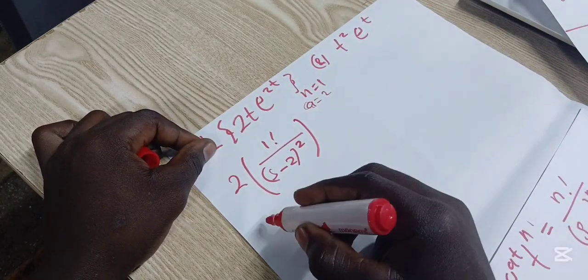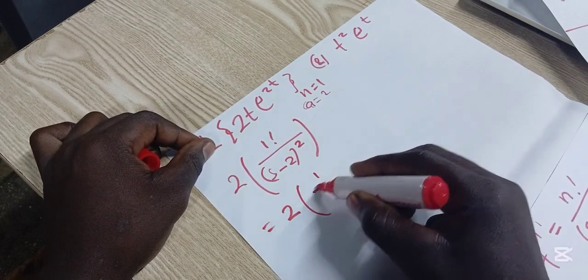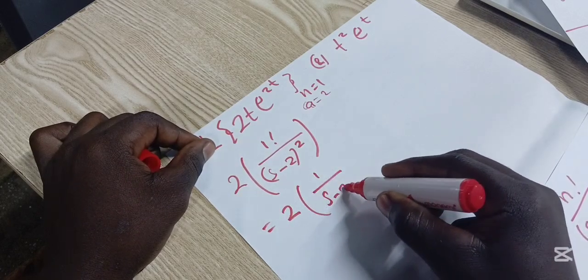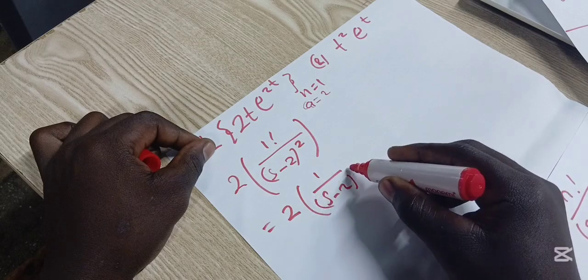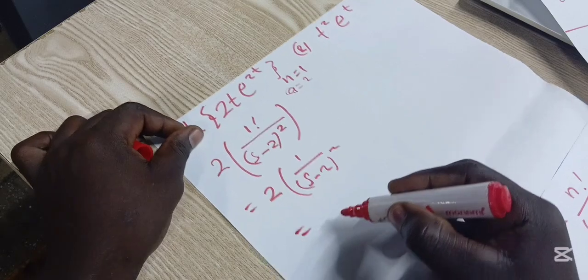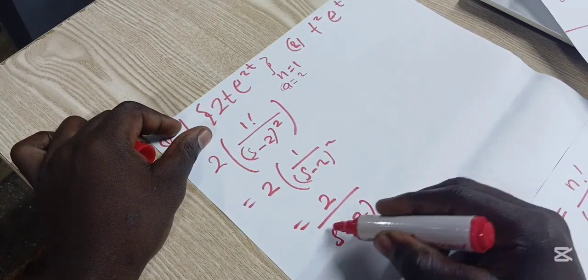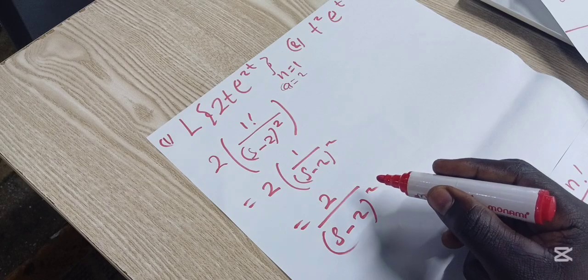So simplifying this, we are going to get 2 into bracket 1 all out of s minus 2 squared, which is going to give us 2 all out of s minus 2 squared.